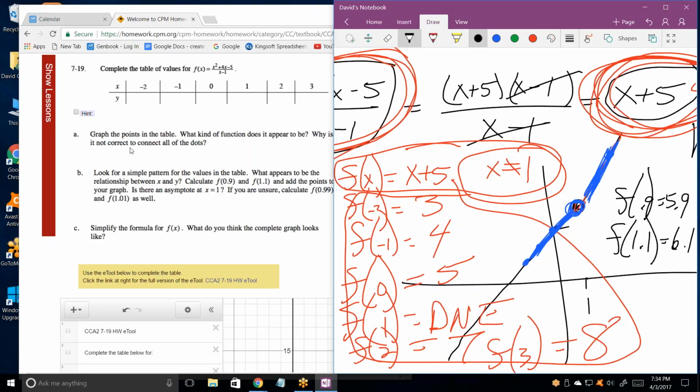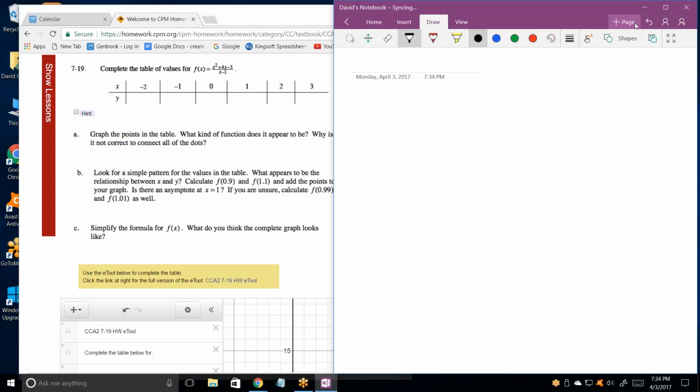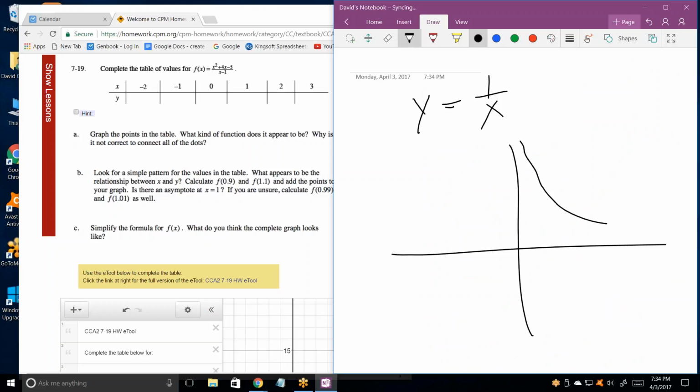Okay, add the points to your graph. Is there an asymptote at x equal 1? No, it's not an asymptote, it's a hole. And there's a big difference. Let's talk about asymptotes. If I gave you a function y equal 1 over x, well, that has some asymptotes in it.